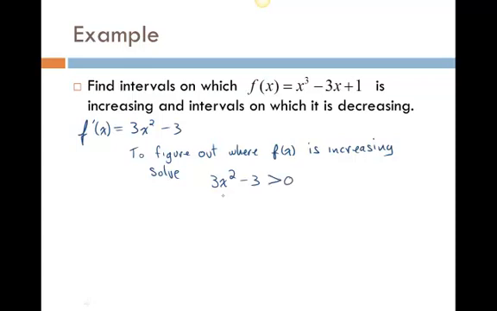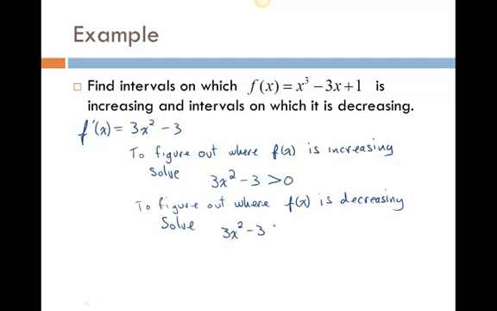So if the first derivative is positive, we know that the function is going to be increasing. To figure out where it's decreasing, we need to solve this inequality, right? 3x squared minus 3 is less than 0. So if that first derivative is less than 0, then it'll be decreasing.